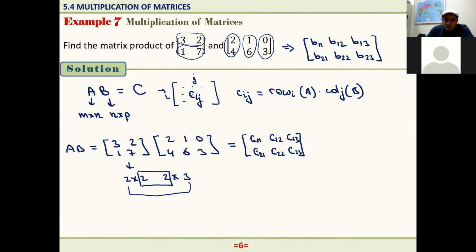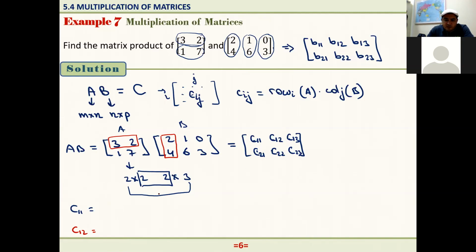By the definition, to get C11, I should multiply the first row of A by the first column of B. To get C12, the first row by the second column.